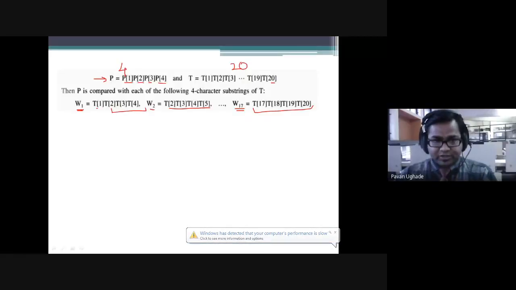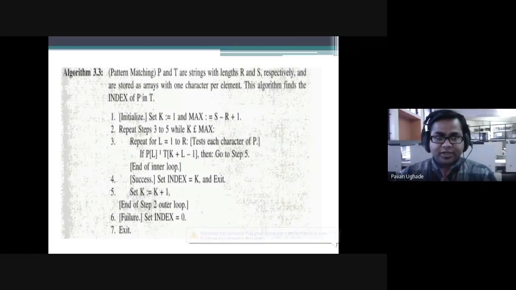Let's move ahead with another important program that I'll take up as an algorithm. In the program, I'll explain the complete program. The next 15 to 20 minutes are very important to understand the concept.